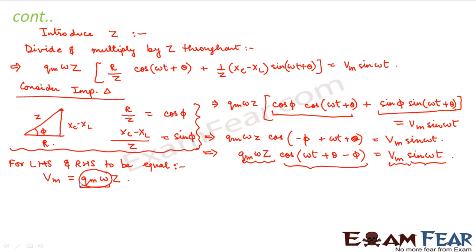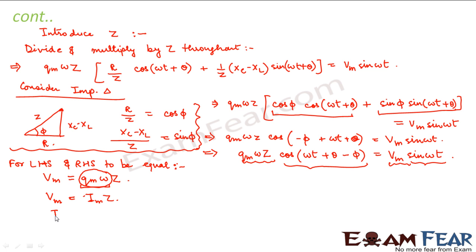So we define current amplitude in this case as Qm into omega. So we write Vm is equal to Im into Z, which is true because V is equal to IR. So in this circuit, Vm is equal to Im into Z because Z is the impedance which behaves as the resistance for this circuit, right?